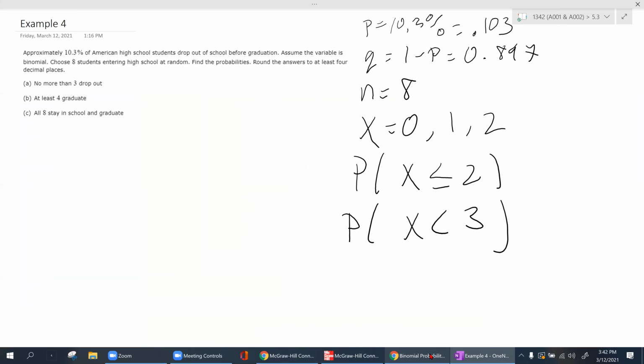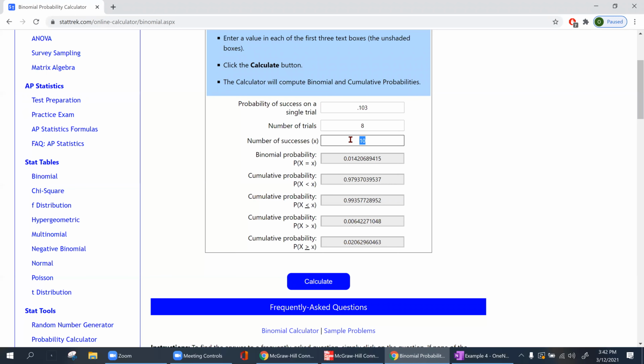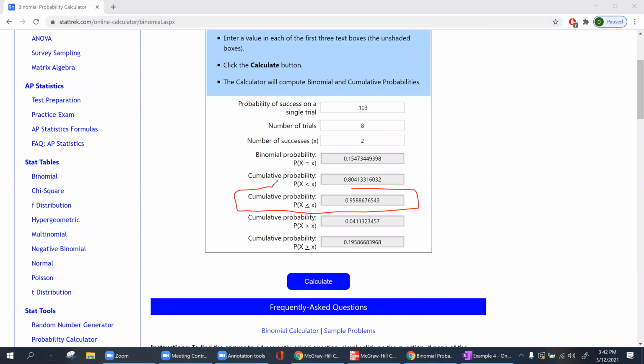Let's do 2, less than or equal to 2. Let's calculate, and I'm going to look for less than or equal to, so I'm going to use this box right here. My answer is going to be 0.958867654, or in other words, to 4 decimal places, 0.9589.